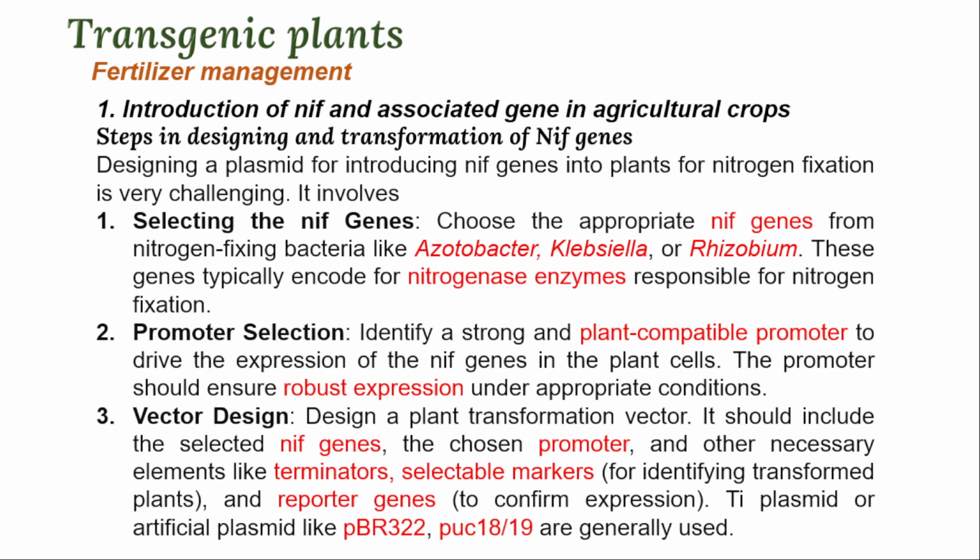The vector may be a Ti plasmid, or we can use pBR322 or pUC19. In designing the promoter, we need a strong promoter. The Tobacco mosaic virus, or the 35S promoter, can be used for proper expression.